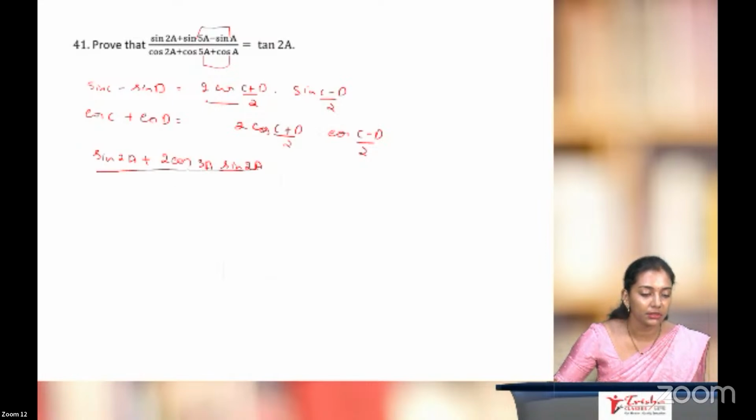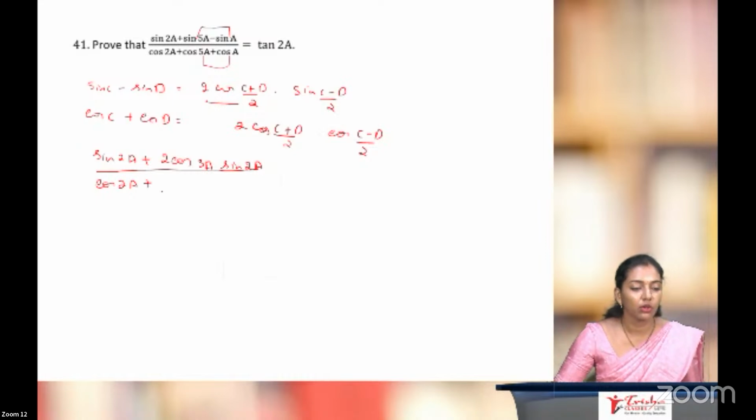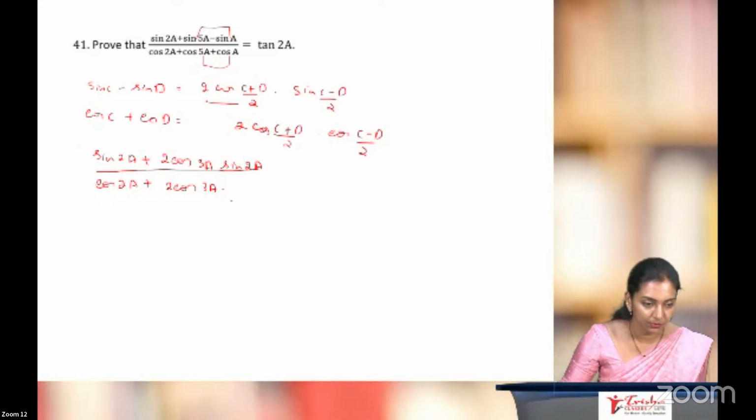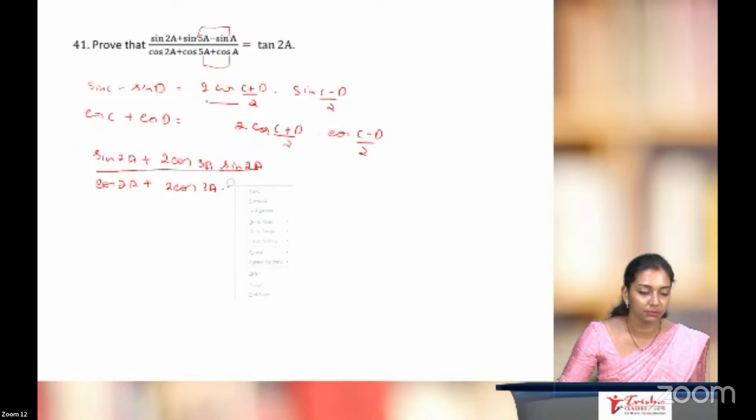Divided by cos 2a plus cos 5a plus cos a, which is 2 cos 3a into cos of (5a minus a) by 2, that is cos 2a.